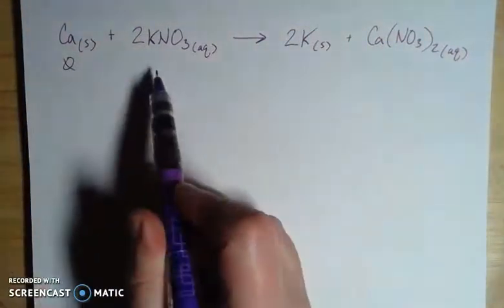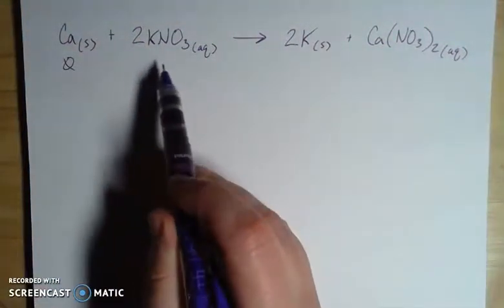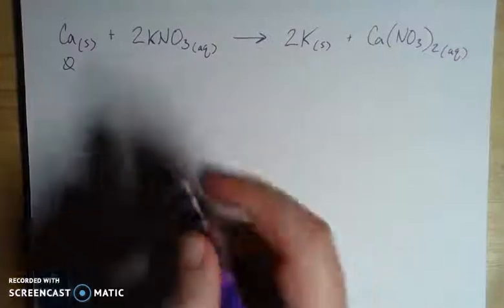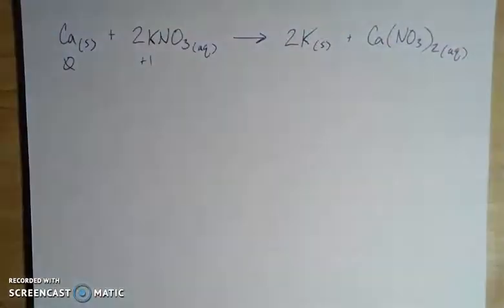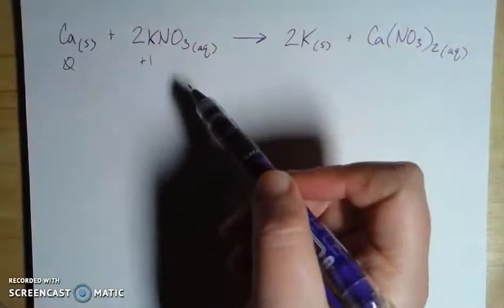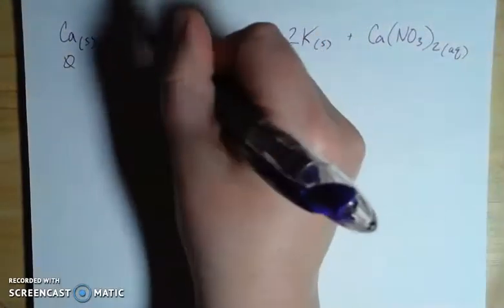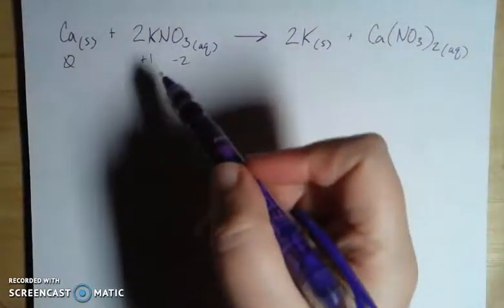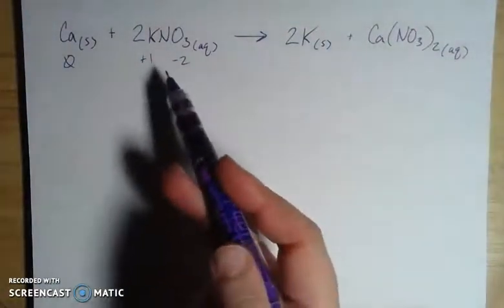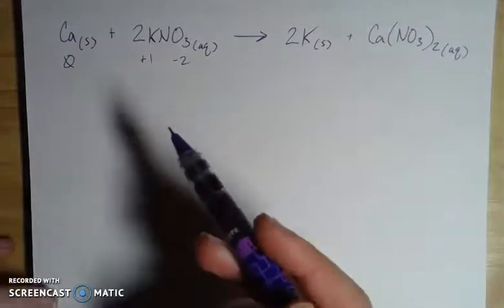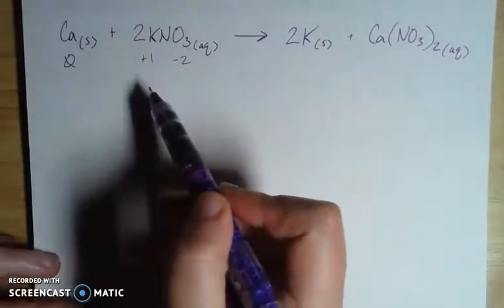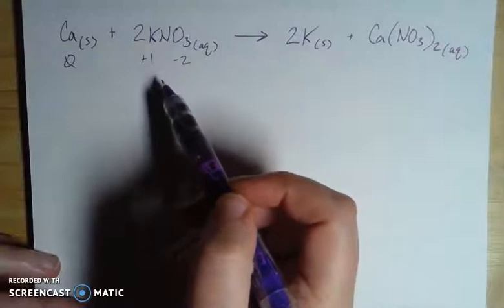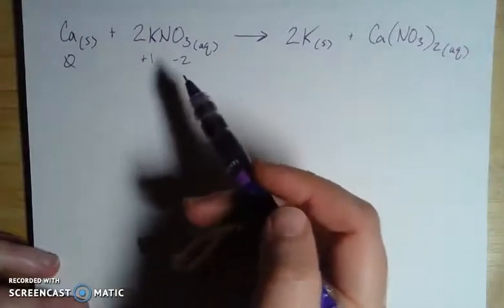Now if I look at my potassium nitrate, I know that potassium is in its ionic form because it's a metal with a group of nonmetals. That means my potassium is +1. We know that our rule for oxygen is that oxygen is always -2. We don't have a rule for nitrogen here, but we can figure out nitrogen based on what it's paired with, because all of the oxidation states in a balanced neutral chemical compound have to equal 0.